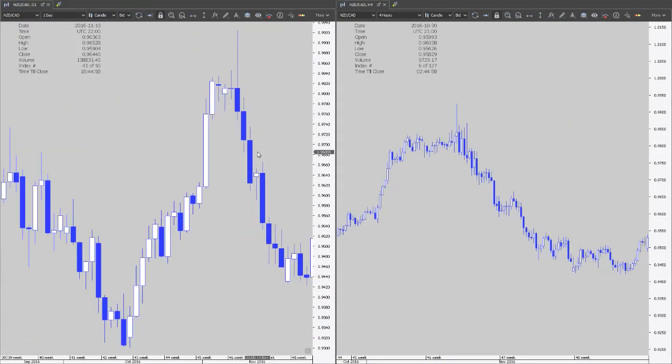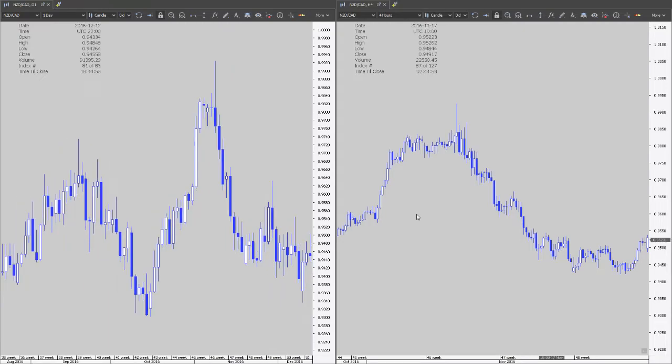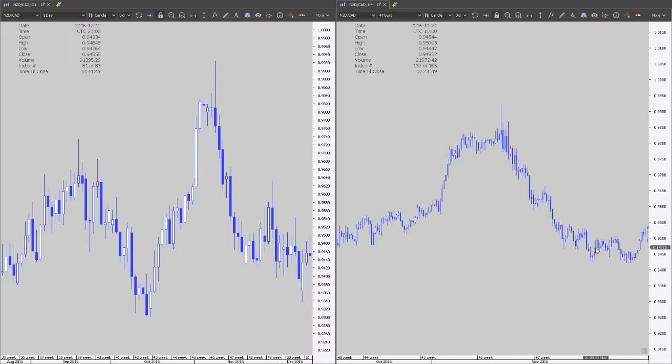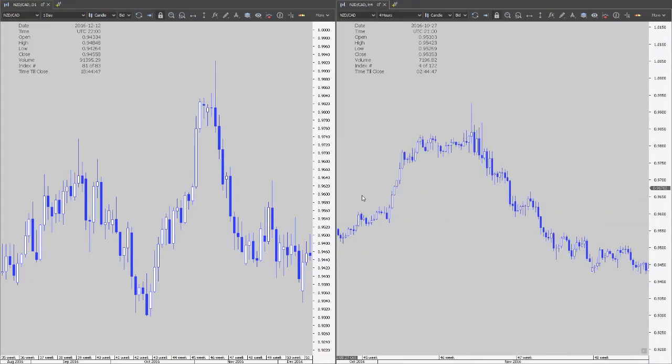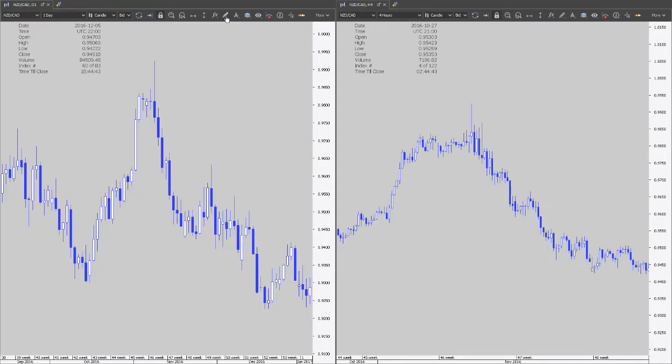Okay, so we started here, right? And we're going to show you the theory on the downtrend. Okay, this is the highest high, and let's put our Fibonaccis on the chart.